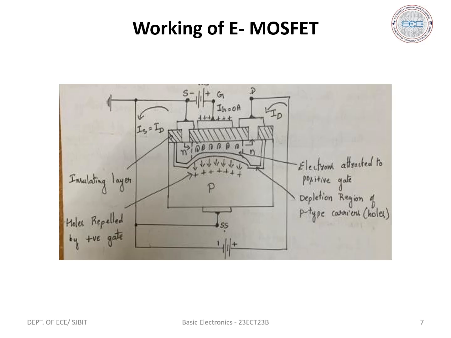But here, when the value of gate to source voltage is greater than the threshold voltage, then the width of the channel will increase. In this way, the application of the gate to source voltage creates a channel between the drain and the source terminal. Along with the channel, there is a depletion region.